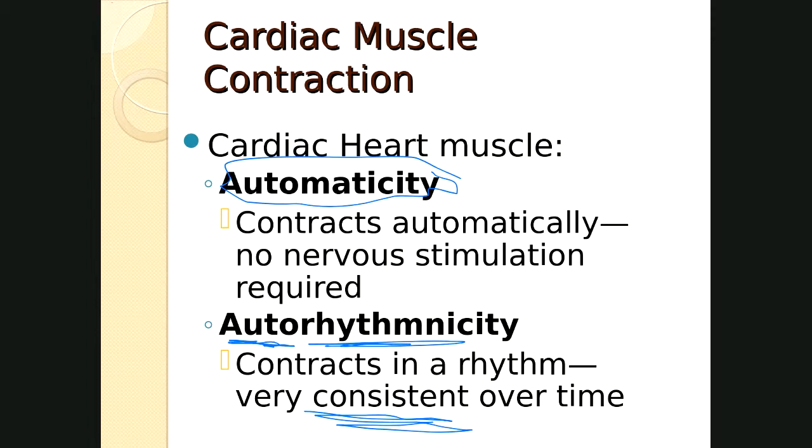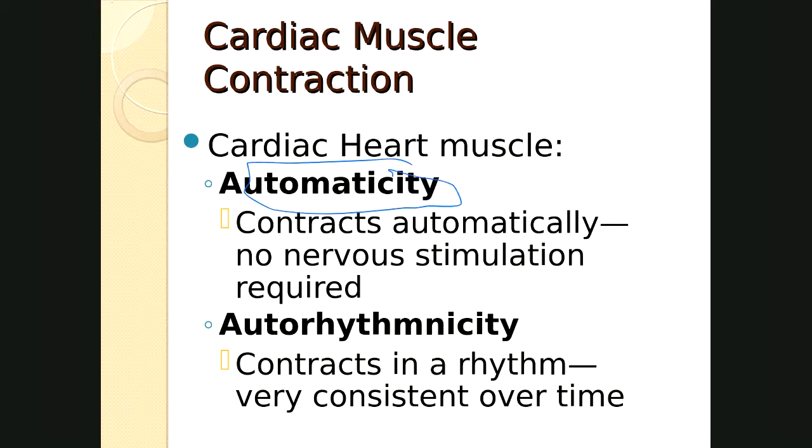And so if I look at the beat, if you watch it, you get a beat, and then you get a pause, and then you get a beat, and then you get the same pause, and then a beat, and then the same pause. It's very, very regular. And so it has this built-in automaticity and built-in rhythm.